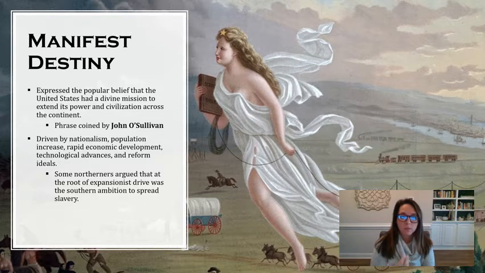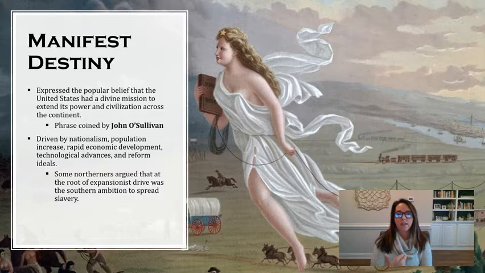It was extremely popular for the time. It was this belief that it was America's God-given right, their divine mission to extend its power west, so that civilization could grow across the continent.